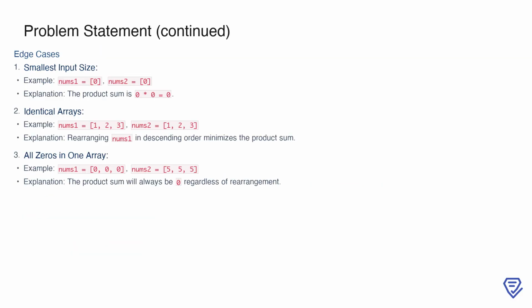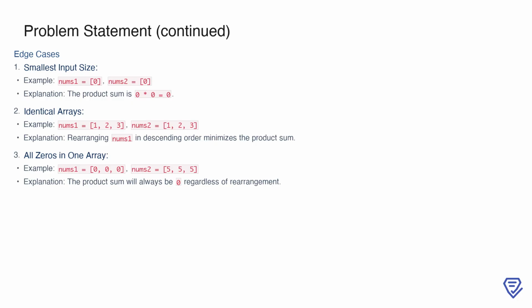To further clarify, let's explore a few edge cases. For the smallest possible input size, where both arrays contain a single element of 0, such as nums1 equals [0] and nums2 equals [0], the product sum is simply 0 * 0 equals 0. For identical arrays, like nums1 equals [1, 2, 3], and nums2 equals [1, 2, 3], rearranging nums1 in descending order minimizes the product sum.